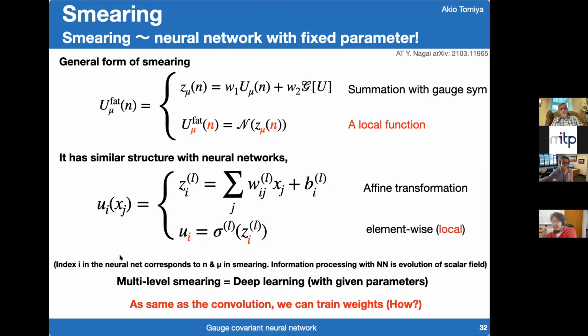In this picture, the neural network transformation is nothing but a kind of evolution of the scalar field because it has only one space-time index. Multi-level smearing is a kind of deep learning with given parameters. So to make it clear, we have to describe how to train the neural network in this form.